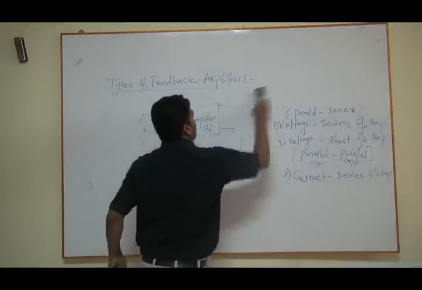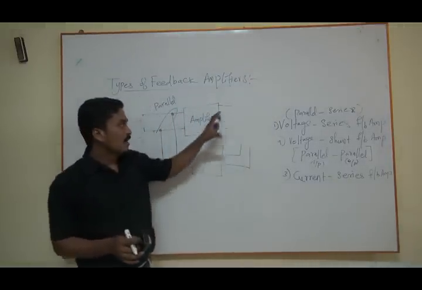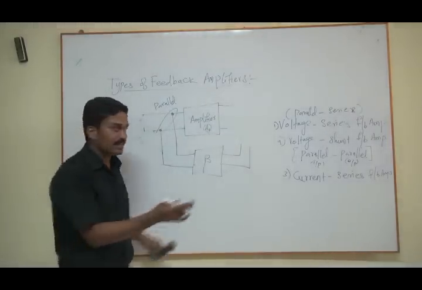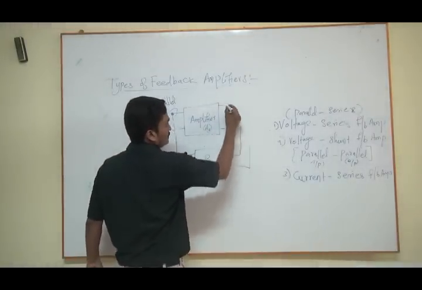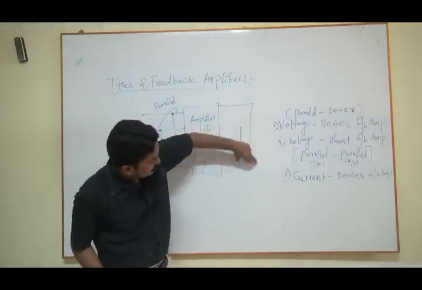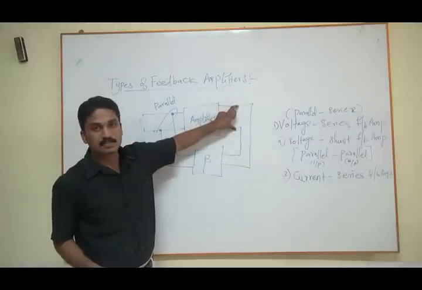How to draw a current? I'm not going to make any drop by using a resistance. Directly, if I take this connection over here, then the output current is flowing through this network, simply. I'm not going to use any resistance to drop the voltage.